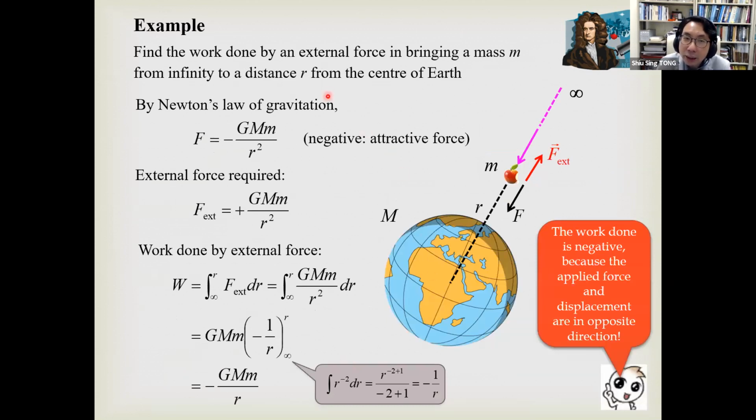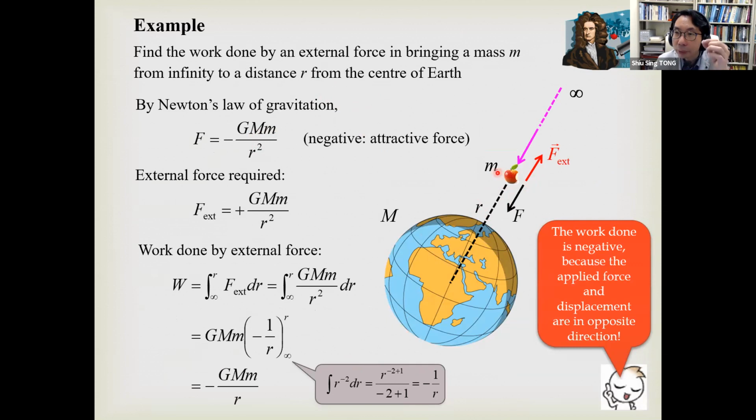Now we study another example, which is somewhat more difficult, and that is the gravity problem that we just mentioned in a previous chapter. We have an apple, okay? At a certain instant, it is at a distance small r from the center of the Earth.